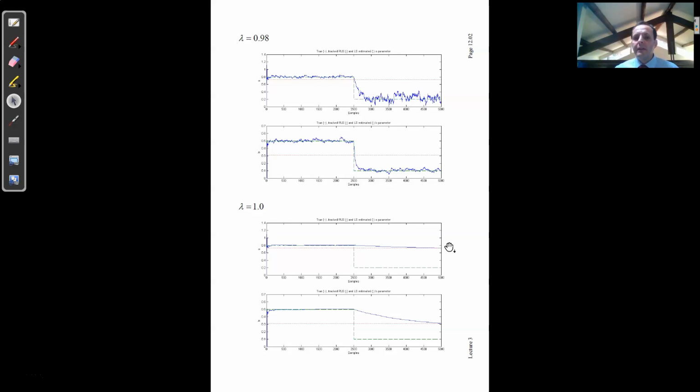So in case of parameter change, if you use the least square estimate, it's wrong. It's not reliable. It gives you a wrong answer because you are including in your cost function also the past data, which are no longer representative of the real condition of your process.